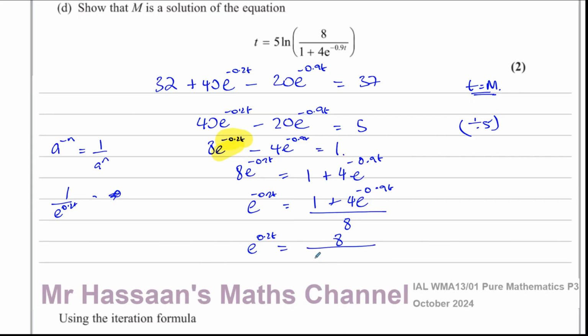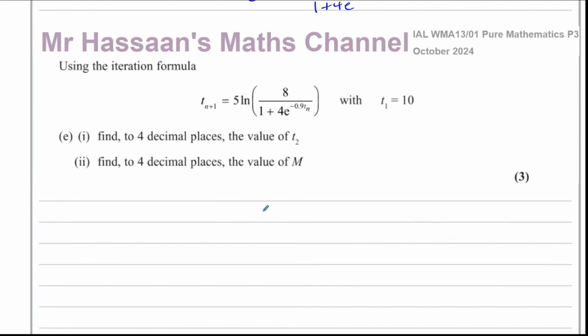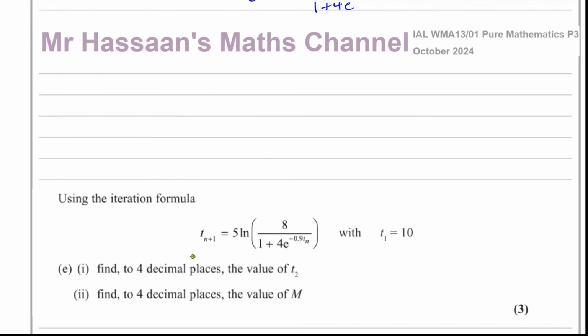So I have 8 over 1 plus 4 e to the power of negative 0.9t. And now I need to take the ln of both sides. I'm running out of space, so I'll go over to the next page eventually. Let me just move this down further.